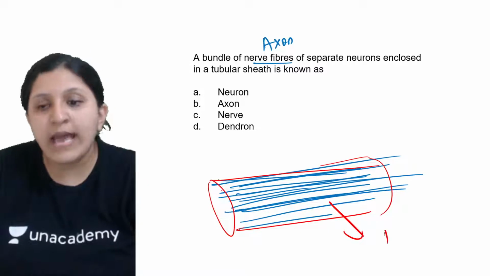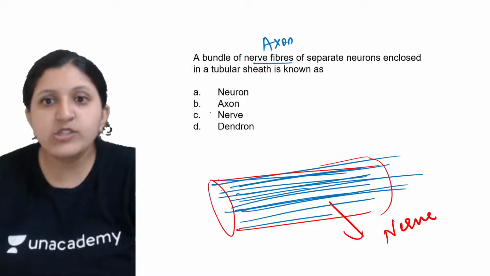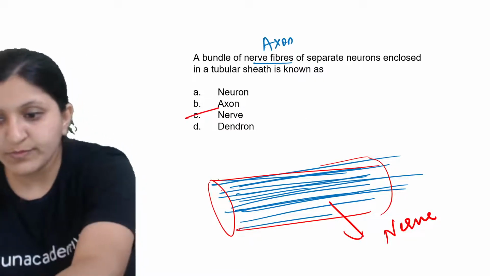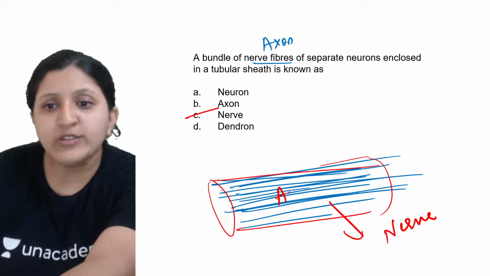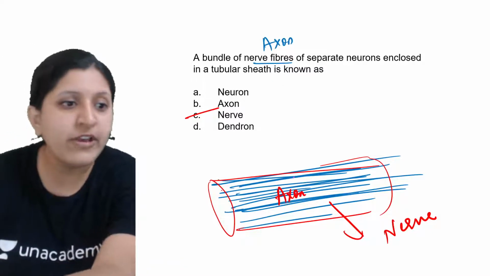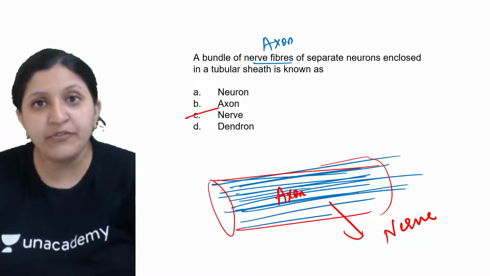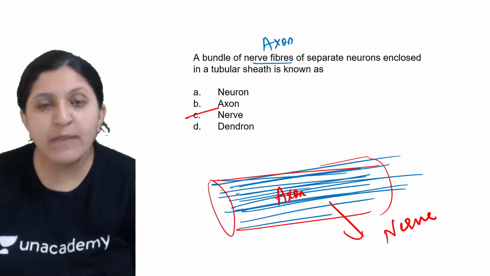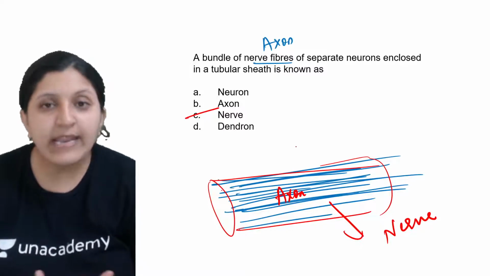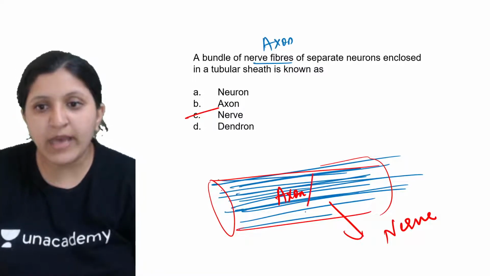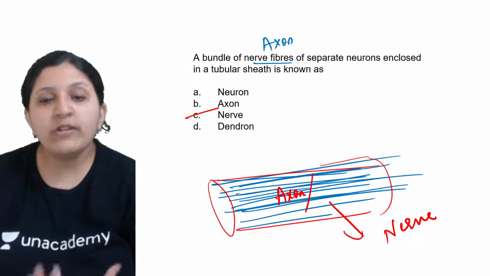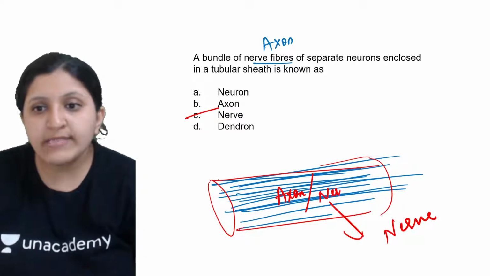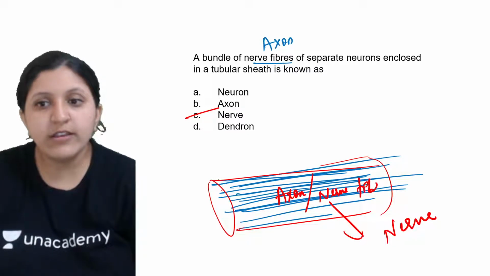This we call a nerve. Each axon has a covering, the myelin sheath and neurolemma, which acts as an insulating material. Other than that, the axon can also be called a nerve fiber.